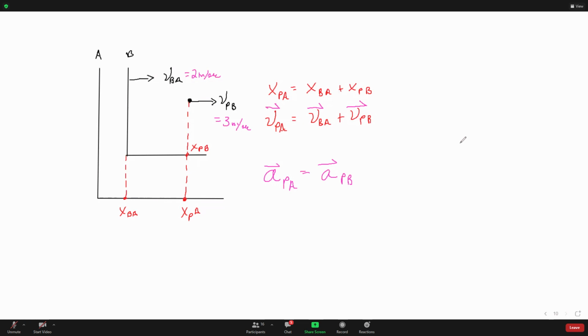Well, let me give you the definition. An inertial reference frame has a constant velocity with respect to another inertial frame. So B is inertial because it's moving with constant velocity with respect to A. A is inertial because B is moving?